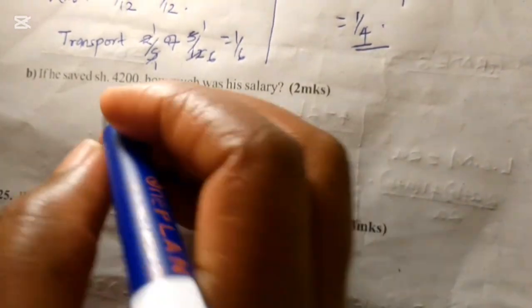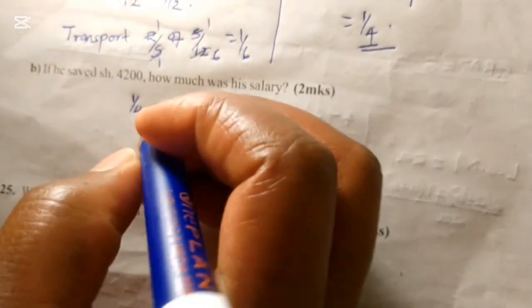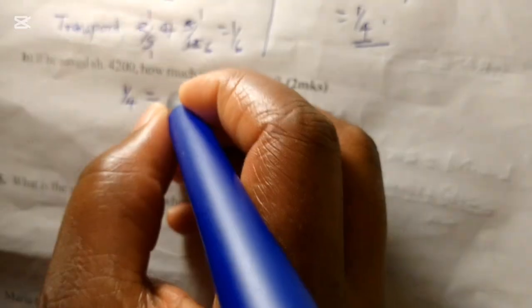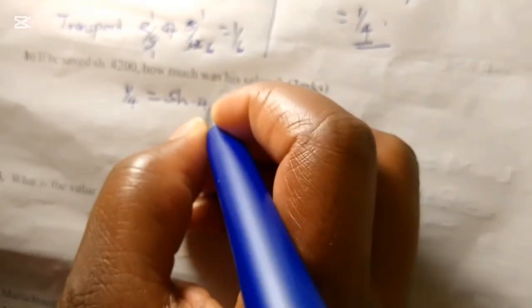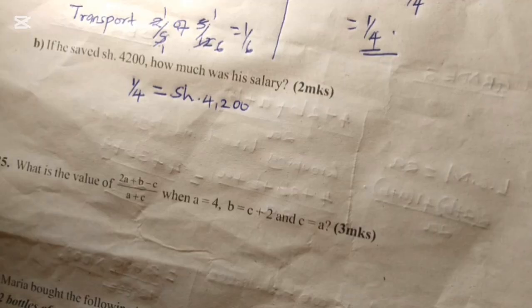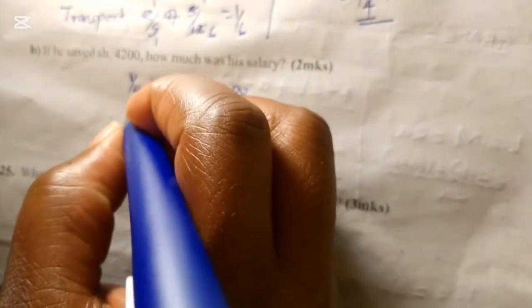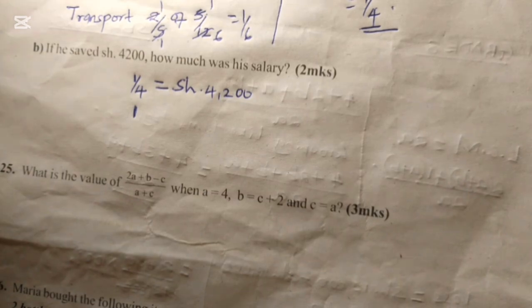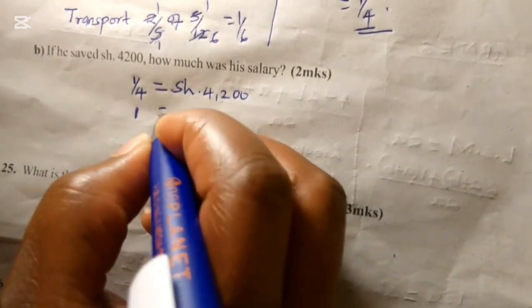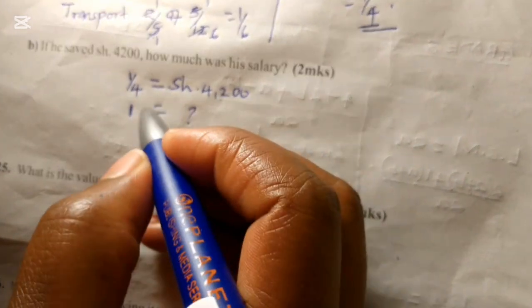So a quarter of his salary is the same as 4,200 shillings. And then we can ask ourselves, the full salary, which is 1 or 4/4, will be equal to how much?